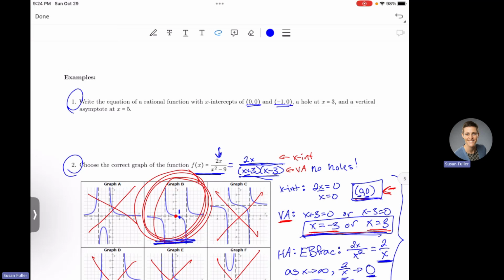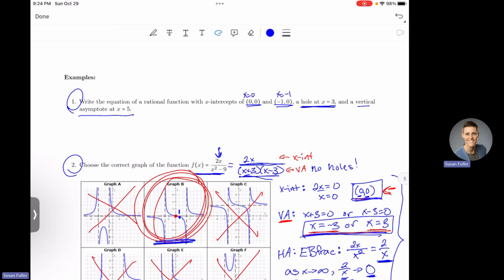So that means I have x-intercepts at x equals 0 and x equals -1. I need to have a hole at x equals 3, and I need to have a vertical asymptote at x equals 5. How would we do this?